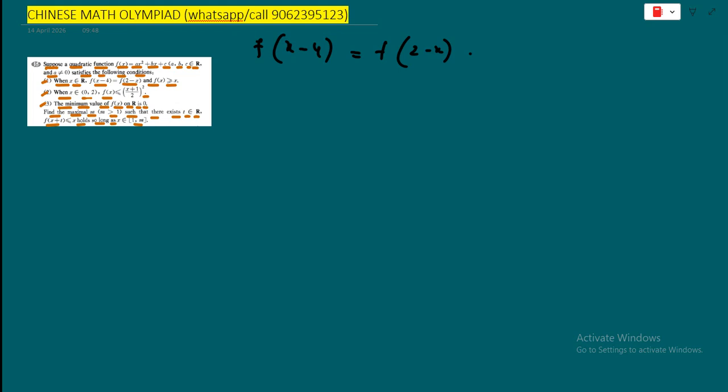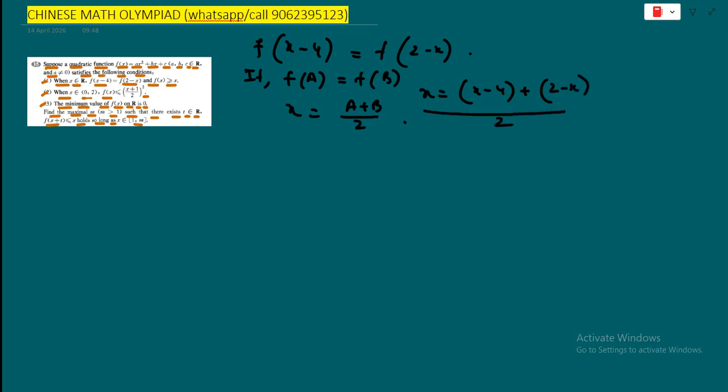So if f(a) = f(b), the axis is x = (a+b)/2. So x will be what? ((x-4)+(2-x))/2. So this will be -2/2. This is -1. Okay, so our axis is at x = -1.